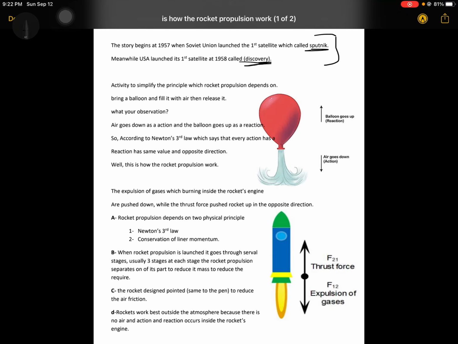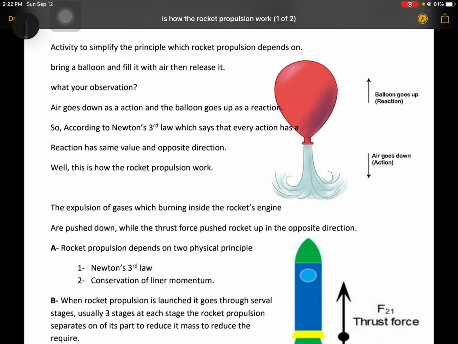To simplify this principle, which rocket propulsion depends on, let's do this activity.